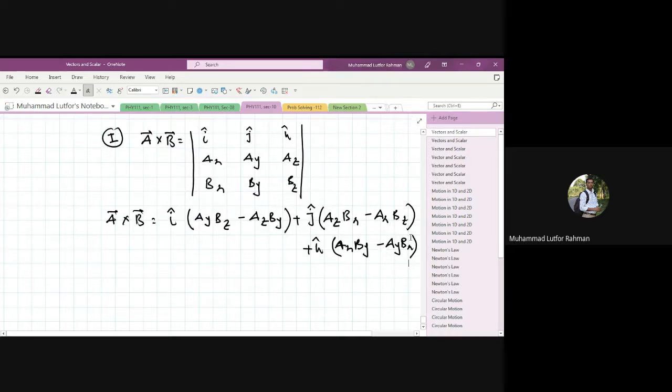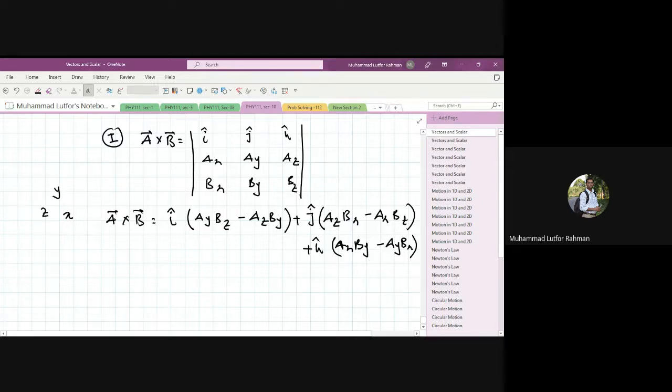This is the formula, and I'm not going to recommend that you memorize it. If you memorize it, you are definitely going to make a mistake. But there is a way I carry this information in my head, if you want to follow it. I write the components in the order x, y, z.